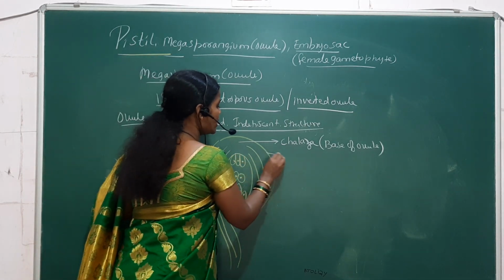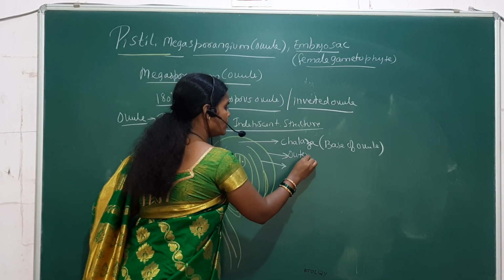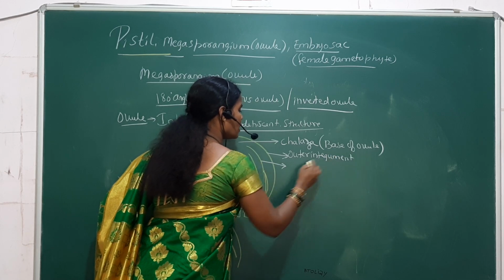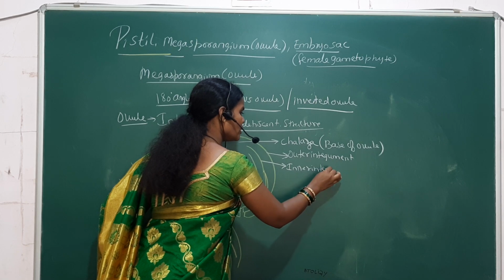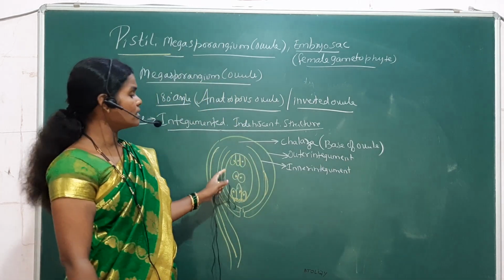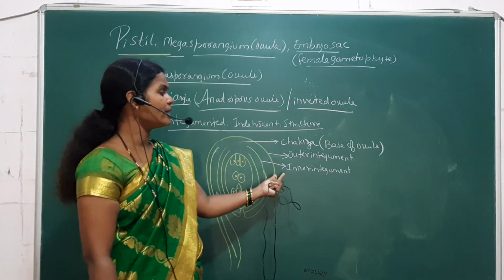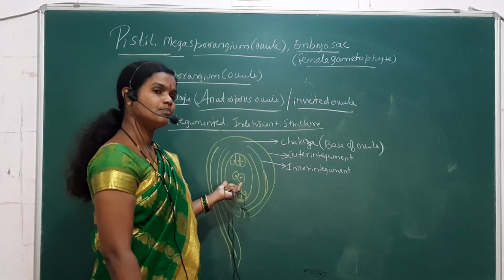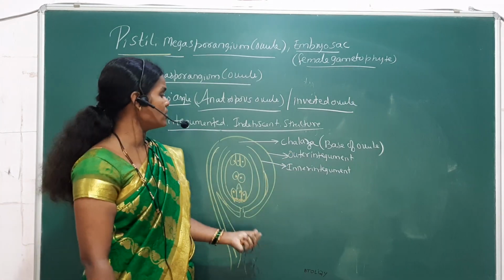Next, here we are going to see two layers, the outer integument and the inner integument. These integuments are protecting the inner cells, the inner embryo sac. So the outer integument and the inner integument are the two layers which protect the inner parts. Later we'll see the detailed structure of the integuments.